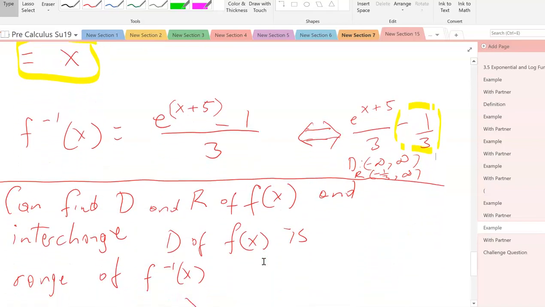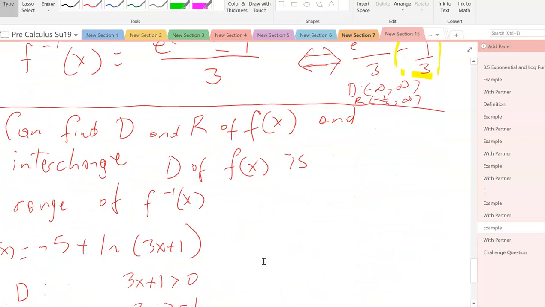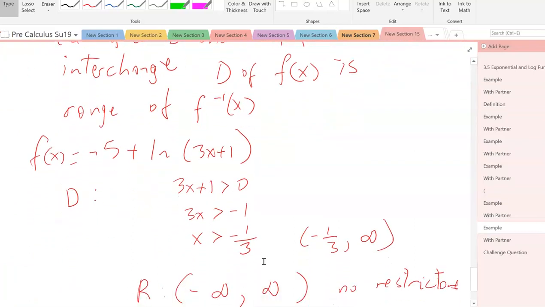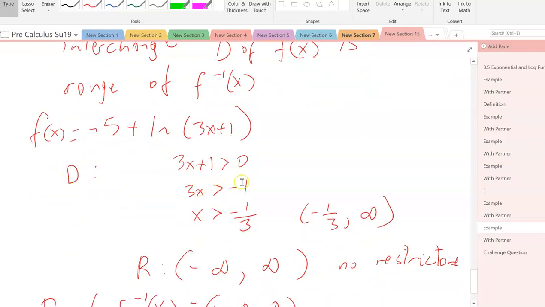Now, a longer way to find the domain and range is to look at the original function, and note that the domain of the original function is the range of the inverse function. The domain of our original function f of x occurred where 3x plus 1 was greater than 0. If you solve for x, you get negative 1/3 to positive infinity.